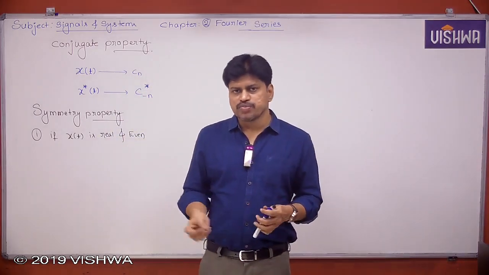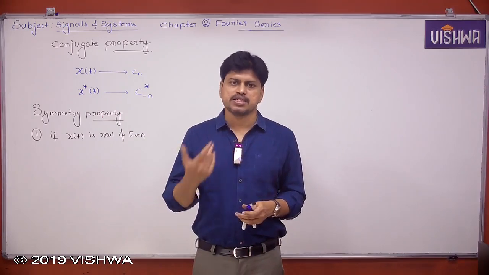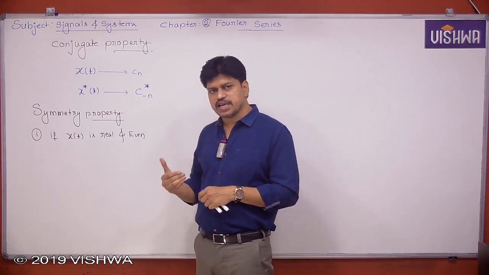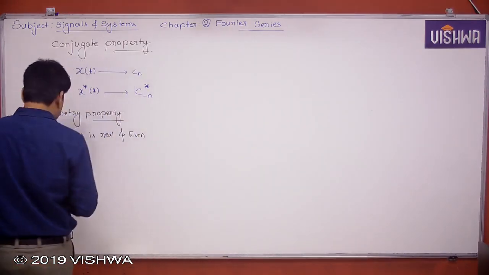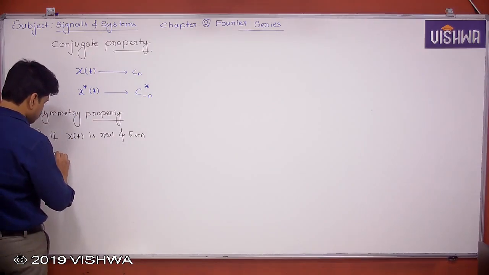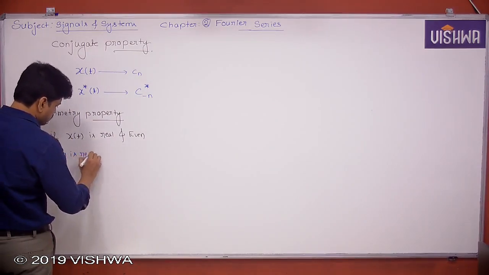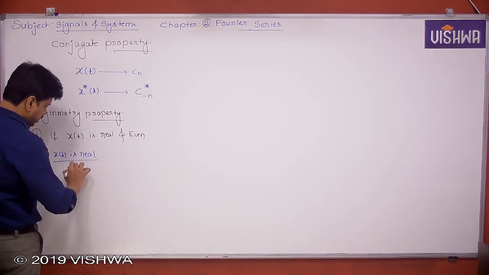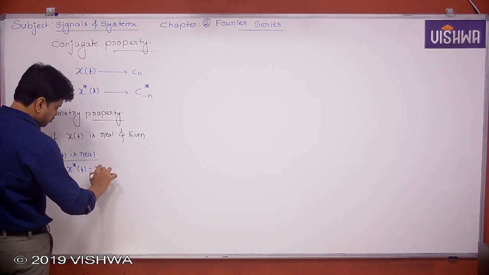If you take the conjugate of that and it gives you the same, then it is called real. So if x of t is real, it has to satisfy x conjugate of t is equal to x of t.